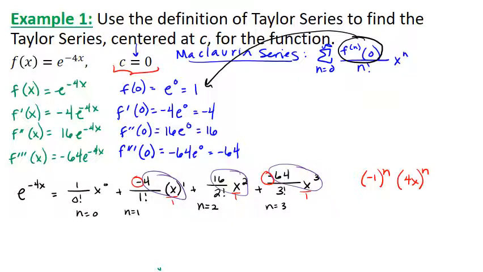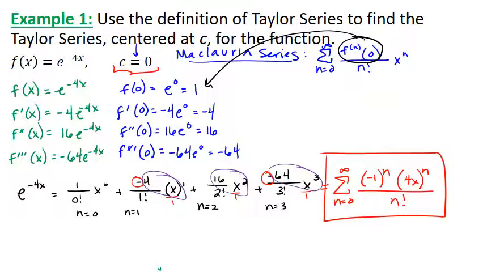And then I also recognize that this is all over n factorial. As you can see, that's what I plugged in. So this here is equal to the sum of this from 0 to infinity. So this here is our Taylor series.